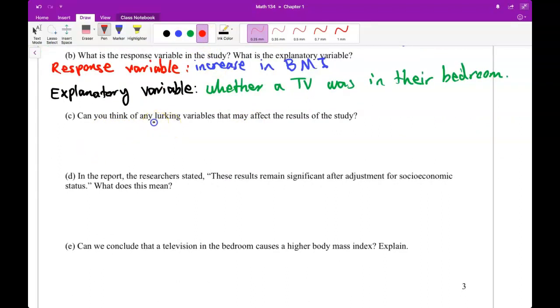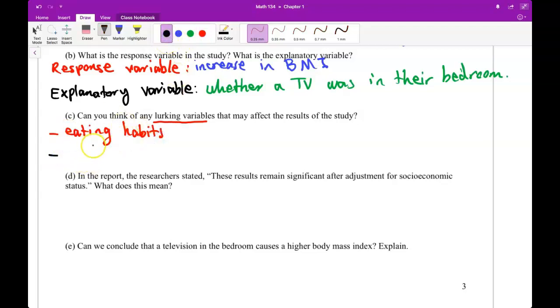Okay, any other lurking variables that affect the response? The first one can be their eating habits.